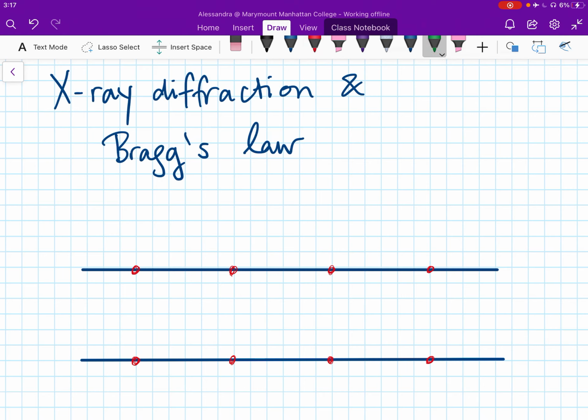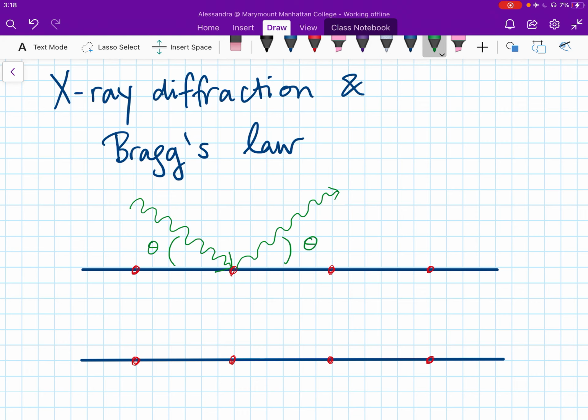Well, in X-ray diffraction, we shoot X-rays at the solid. Here is my X-ray coming in. Now, when an X-ray comes in, if it's empty space, it's going to pass right through. But if the X-ray hits a particle, it is going to bounce off. And if you remember from physics, the angle of incidence, we're going to call it theta, is equal to the angle of reflection.